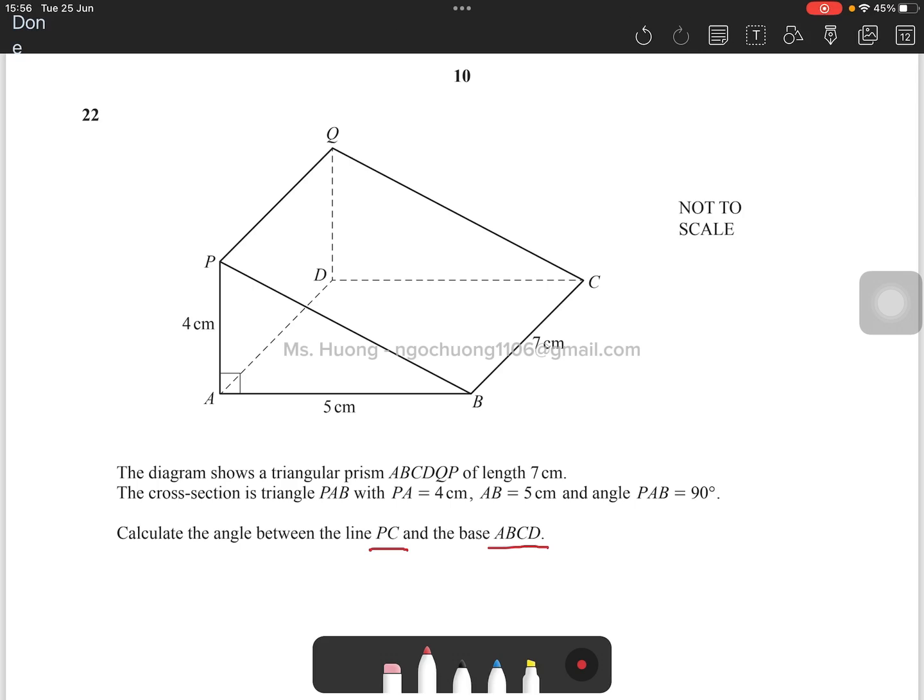This is the line PC, and the base ABCD. You know, the line PA is perpendicular to the base ABCD. So the angle between PC and the base ABCD is going to be the angle between PC and CA, this angle.